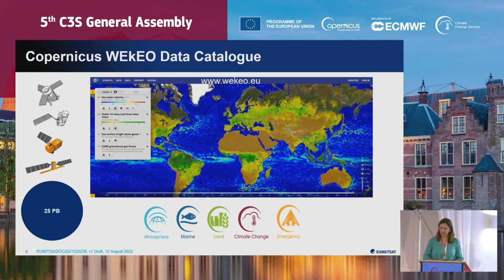So WEkEO puts together a single catalog for the discovery of this data, where the users can find hundreds of different data sets from the Copernicus satellites and also from the Copernicus monitoring and management services. So from atmosphere, marine, land, climate change, emergency, all come together in a single catalog. I invite you to go to www.wekeo.eu and have a look at it.